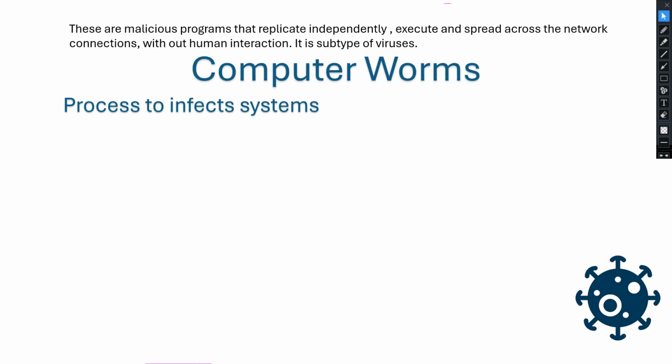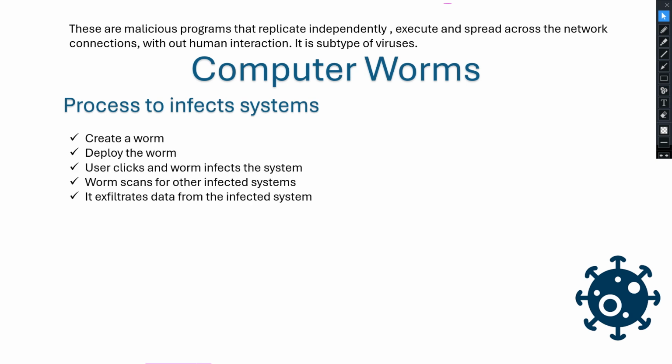So we have computer worms. A worm is actually part of viruses, and these are malicious programs that replicate independently, execute, and spread across network connections without human interaction.